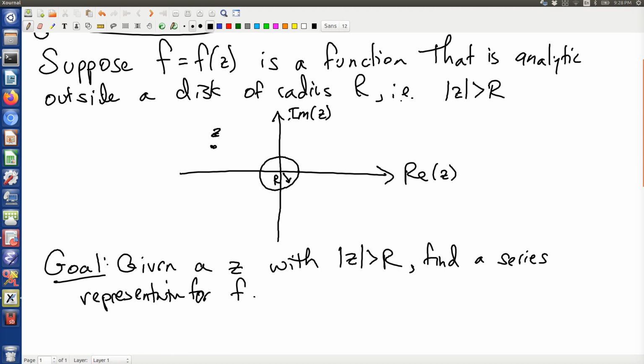And the point is we cannot use the Taylor series, because that would require f to be analytic inside a disk that's at least of radius |z|.